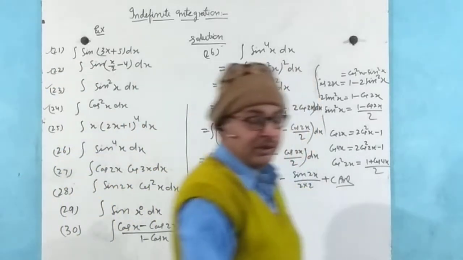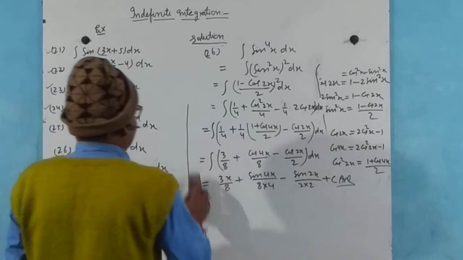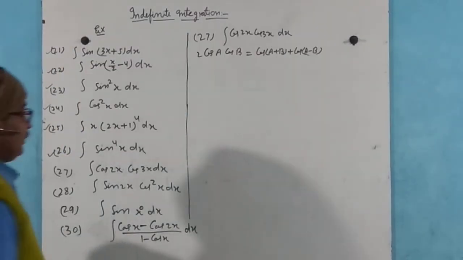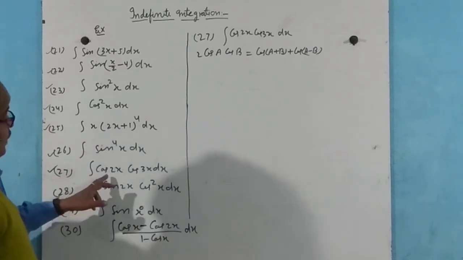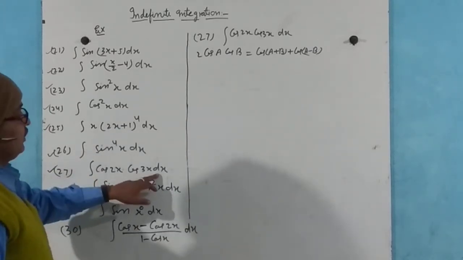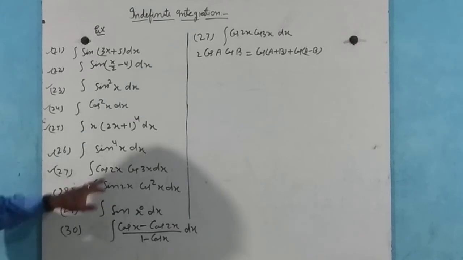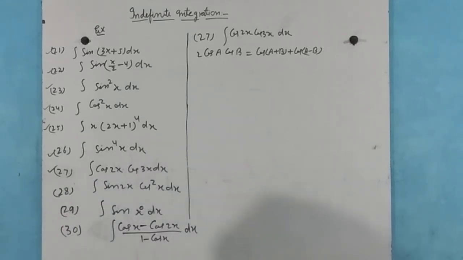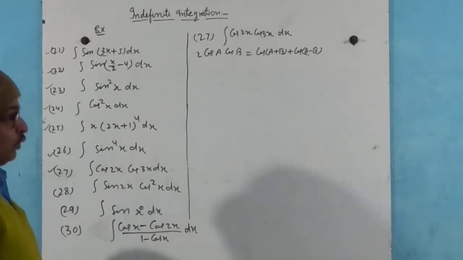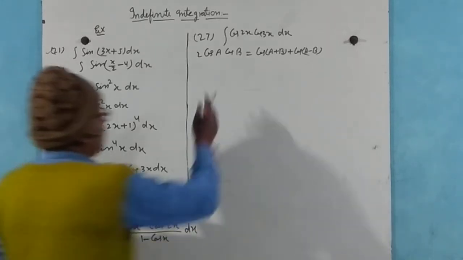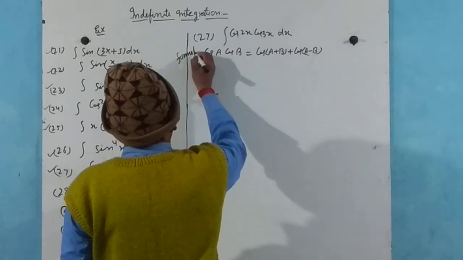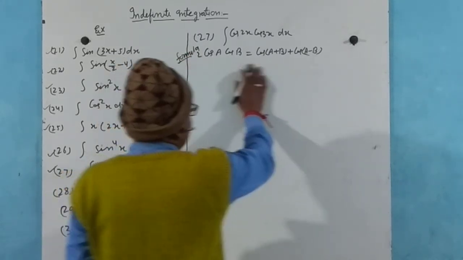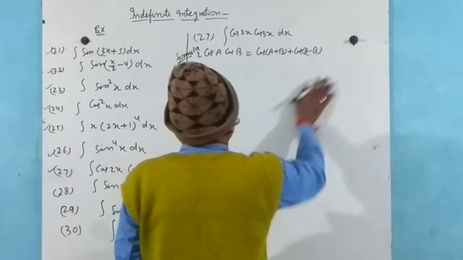Now we take another example. Now here question number 27, integration of cos 2x cos 3x dx. This is in the product form, so that under solving integrations we arrange this, as we know that 2 cos A cos B, this is a formula. 2 cos A cos B equal to cos(A plus B) plus cos(A minus B).